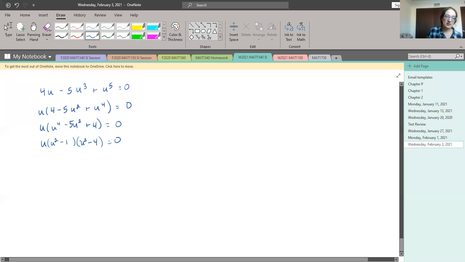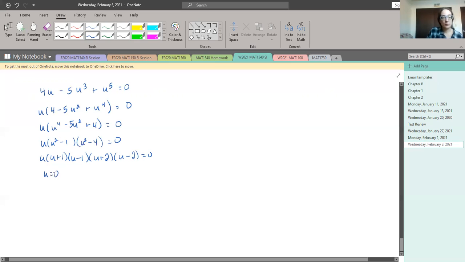Then each of these is a difference of squares, so we can factor yet again: u times (u + 1)(u - 1)(u + 2)(u - 2), all equal to 0. Any one of these factors could equal 0, and this equation will be true.